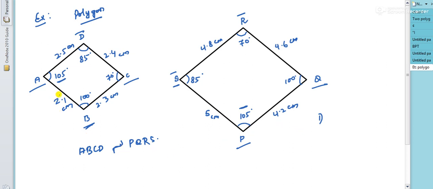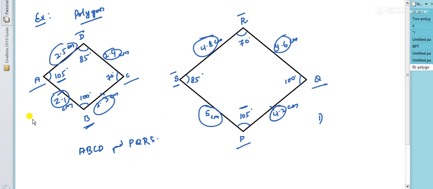What about corresponding sides? If you take AB, here it will be PQ, correct? Now BC is QR. If you look at the values, 2.1 here and 4.2 there, so it is double. 2.3 here and 4.6 there, again double. 2.4 and 4.8, again double. So figure 1 is half of figure 2, or we can say figure 2 is 2 times bigger than the first one.